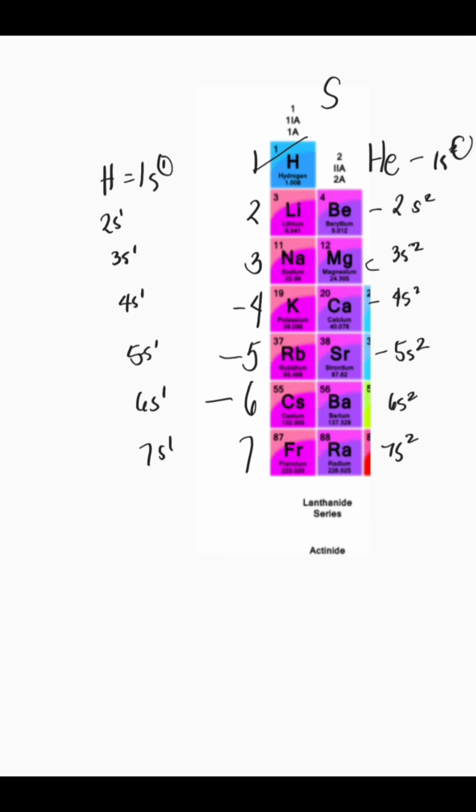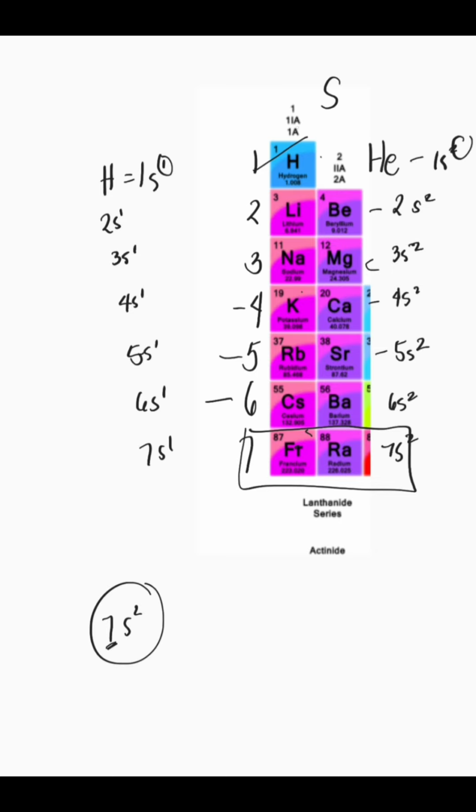Nakikita po ba? So if someone will ask you what element has an electronic configuration of 7s2, ang unang titignan mo 7. Anong period? Nasa 7. Anong sub-level? Nasa 7. So 1, 2, 3, 4, 5, 6, 7. Okay, dito banda. And then S, ay dito. S daw.